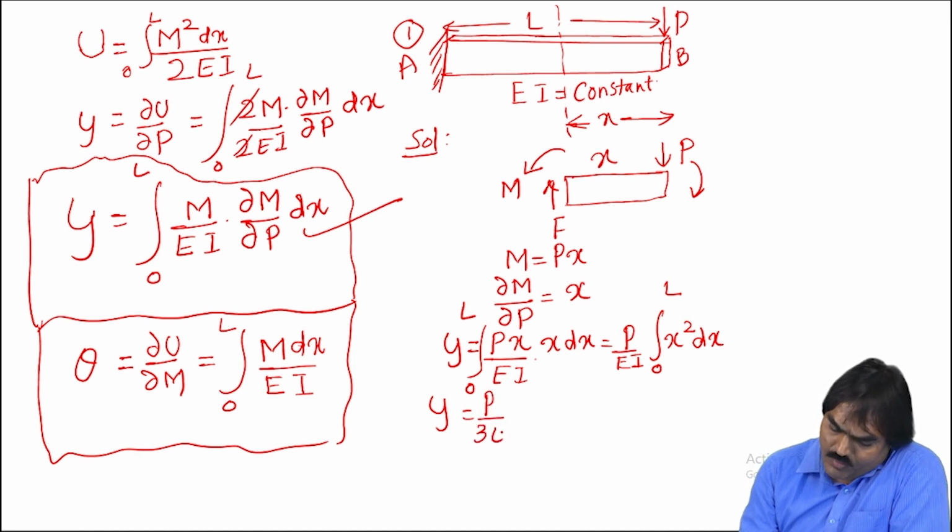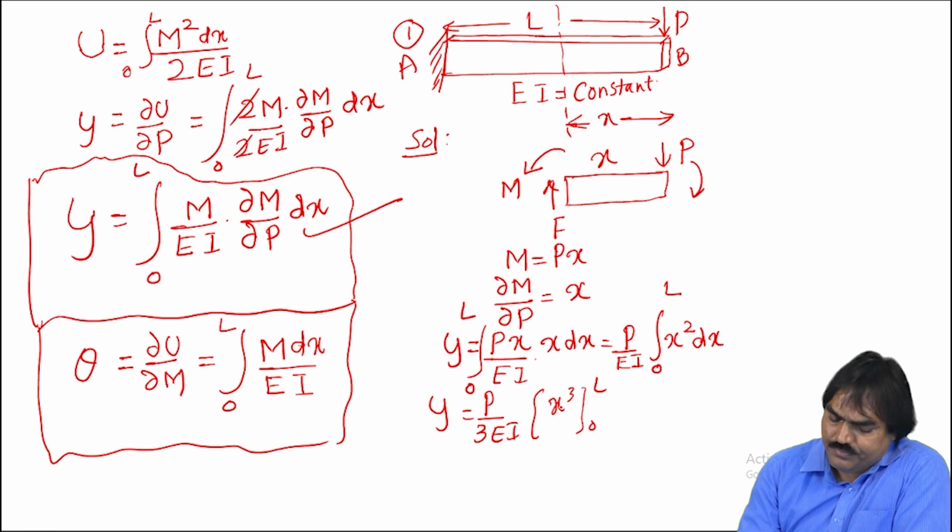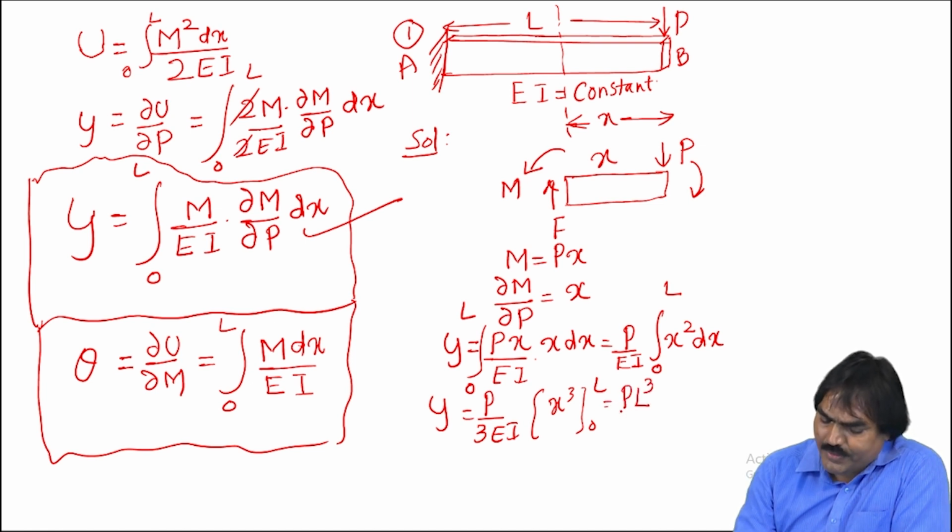P by 3 EI, the limit is x cube, 0 to L. That gives PL cube by 3 EI.